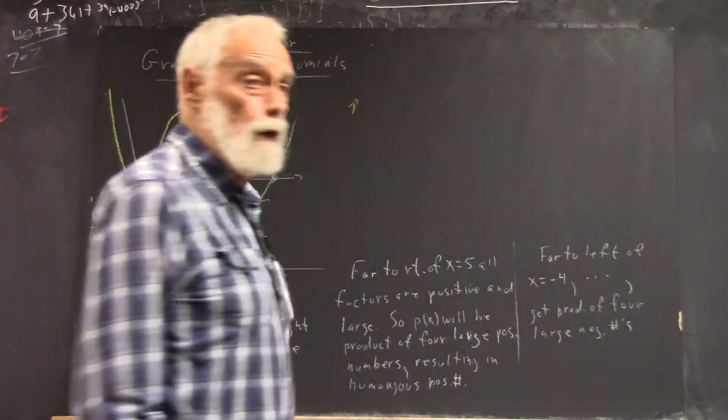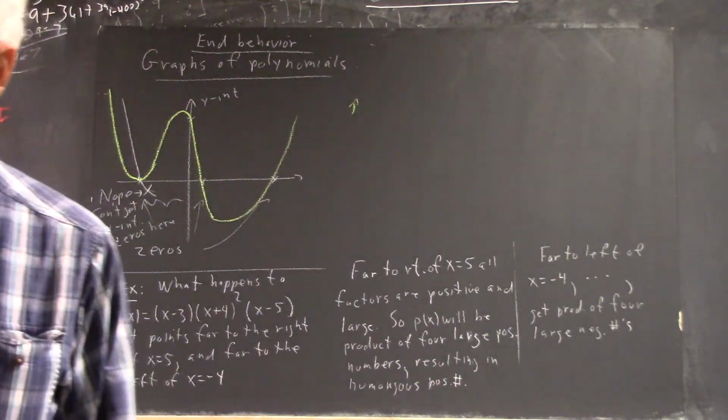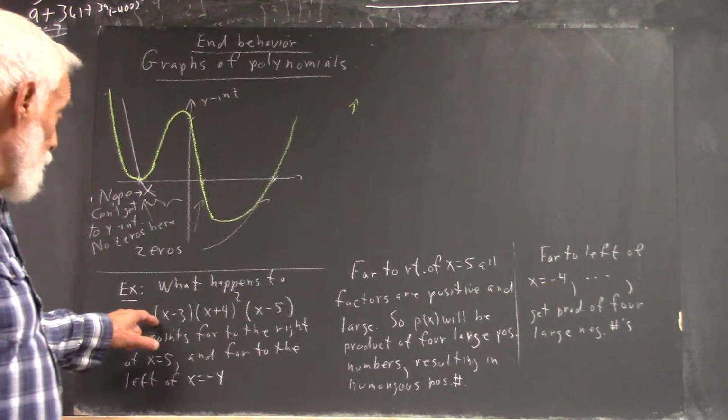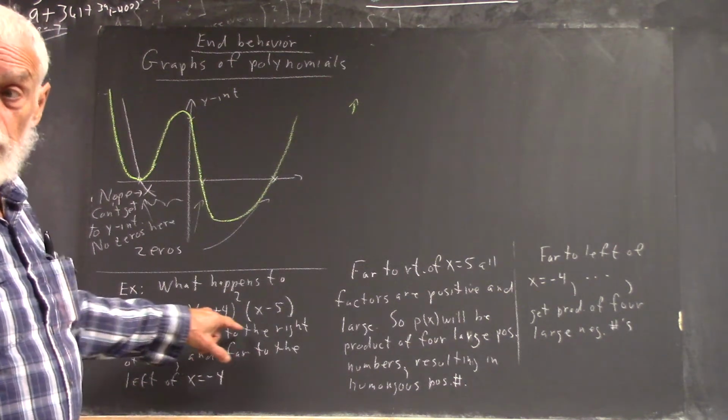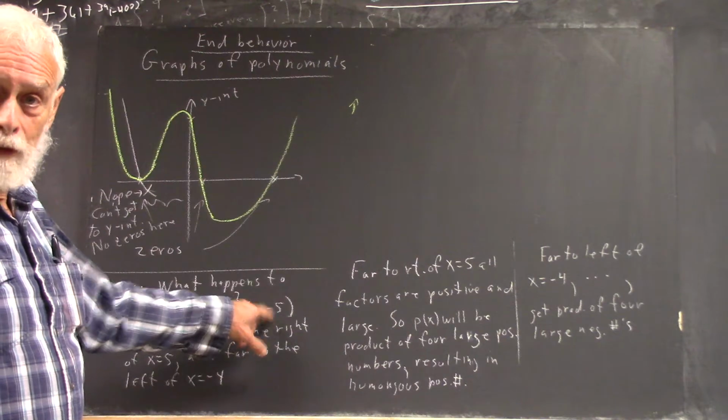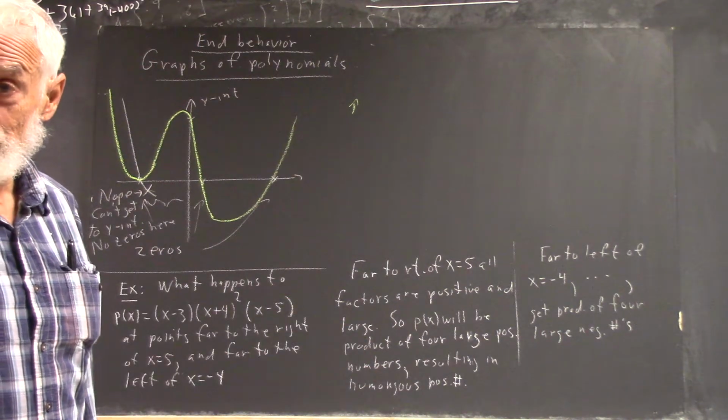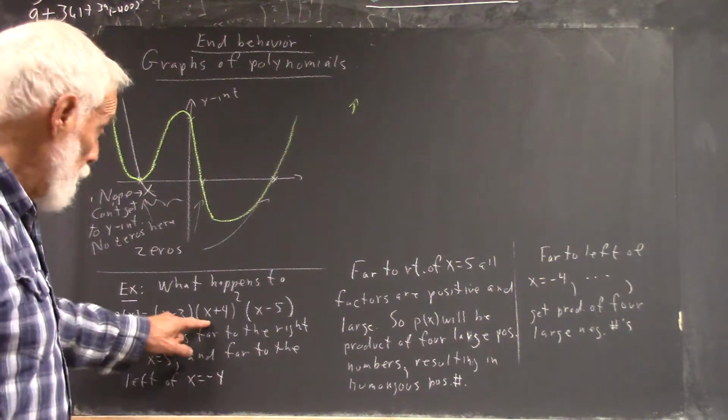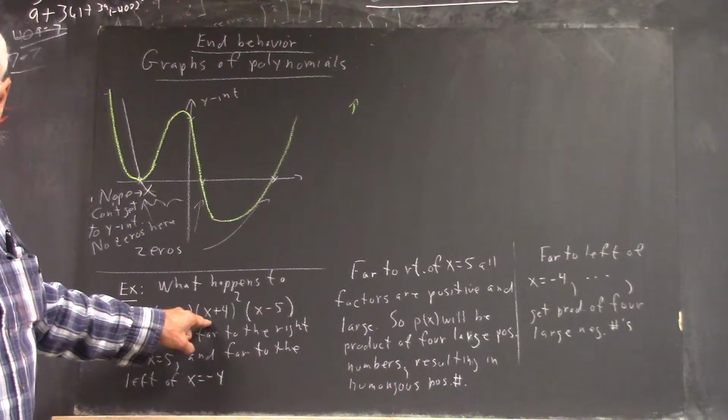You get a product of 4 large negative numbers, right? And it's going to be this and 2 of these, right? An x plus 4 and an x plus 4. So you got 4 numbers there, right? You actually only have 3 numbers, but you got one of them twice, right? Which is why I say there are 4.